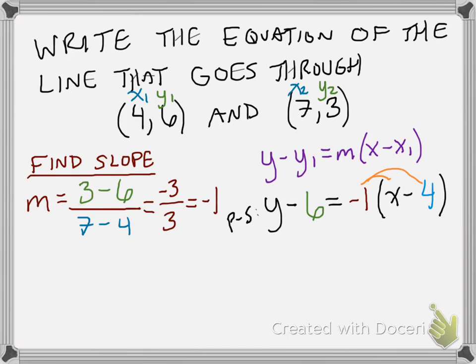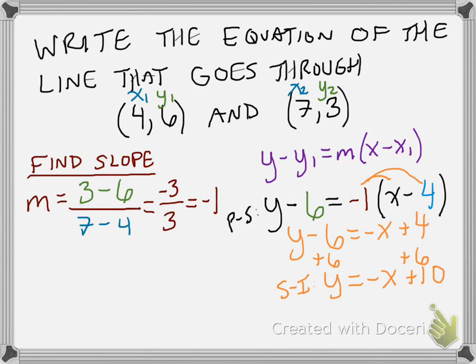So I want to multiply negative 1 times x and negative 4. So we've done that, and we have y minus 6 equals negative x plus 4. Now, I just need to get y by itself. So we'll add 6 to both sides, and I have the equation y equals negative x plus 10.